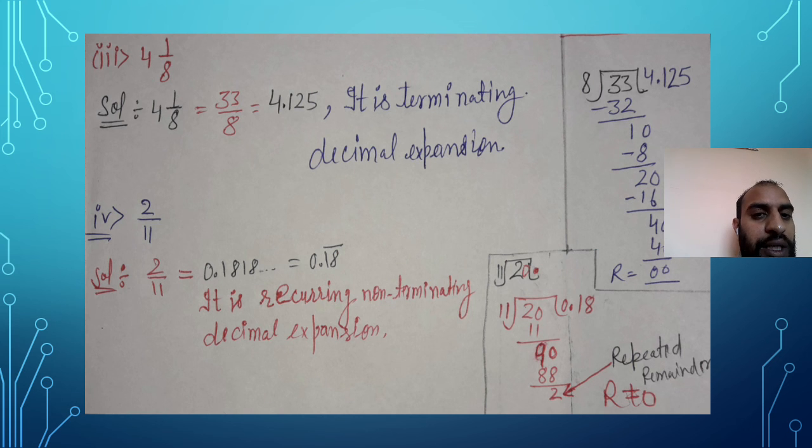You can see in our solution I have written 2 upon 11 is equal to 0.181818. It will come continuously. In short form you can write it as 0.18 bar. This bar represents the repeated answer. So it is a recurring non-terminating decimal expansion.